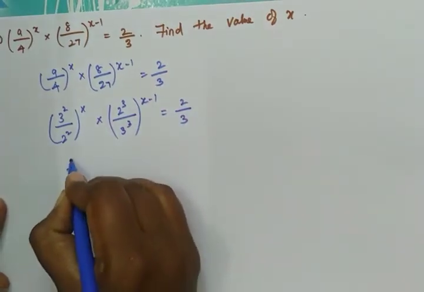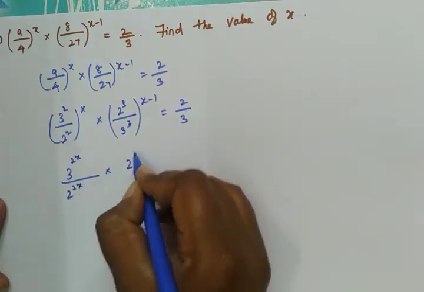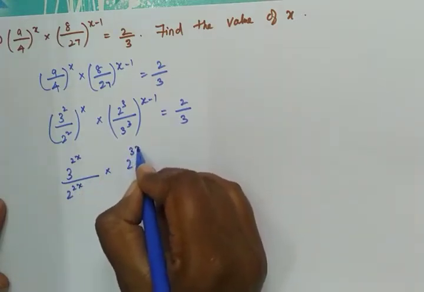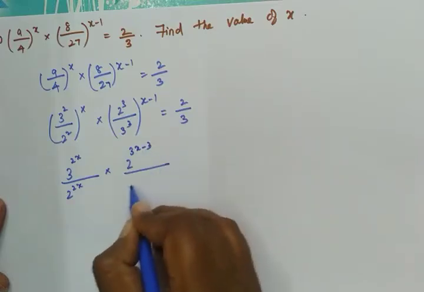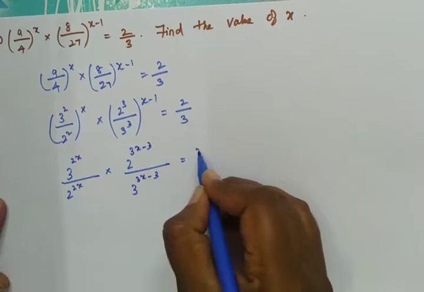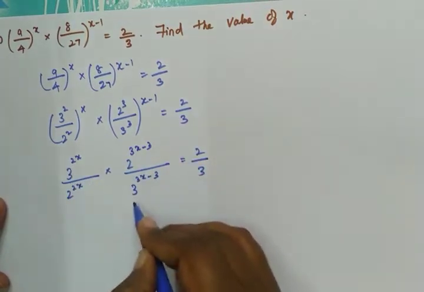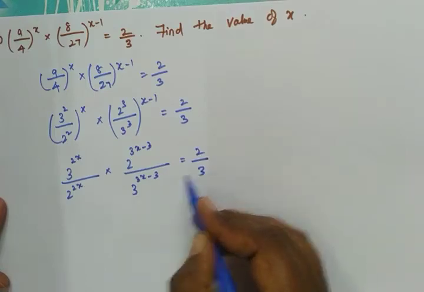So we can write this as 3 power 2x by 2 power 2x into 2 power 3x minus 3 divided by 3 power 3x minus 3 is equal to 2 by 3. Now take this 2 up and this 3 to the bottom so that we get the same form 2 by 3.